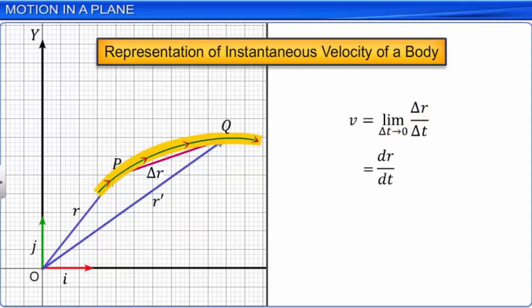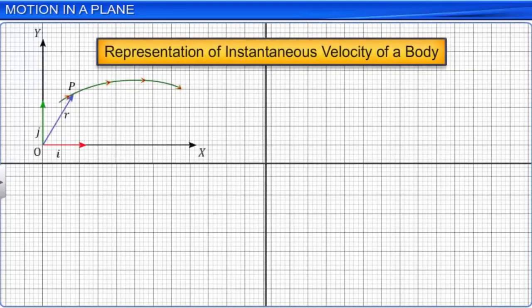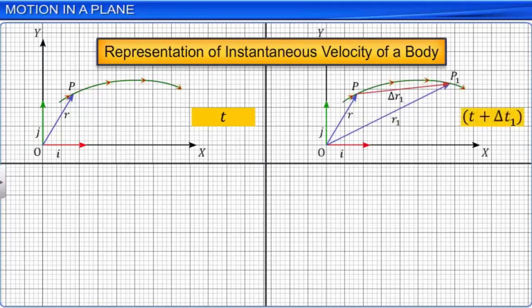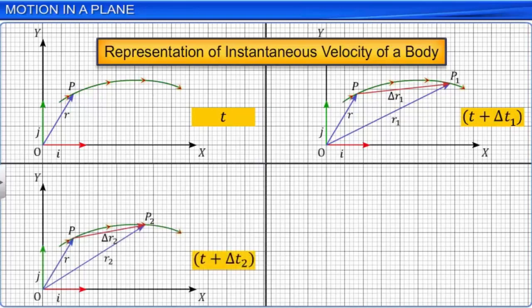it is at point P at time t, at point P1 at time t plus delta t1, at point P2 at time t plus delta t2, and at point P3 at time t plus delta t3.